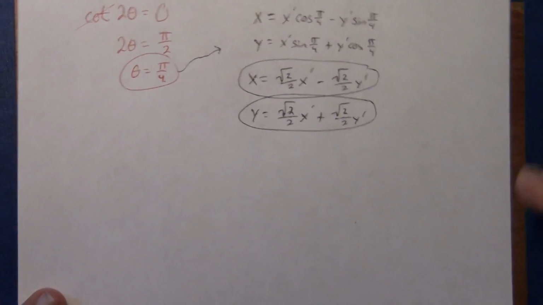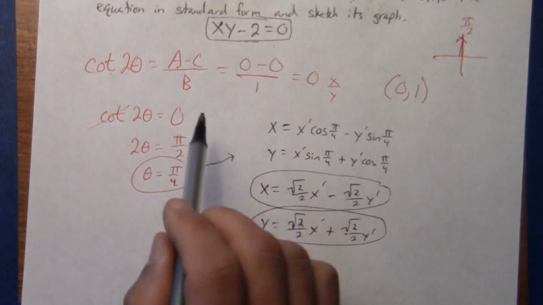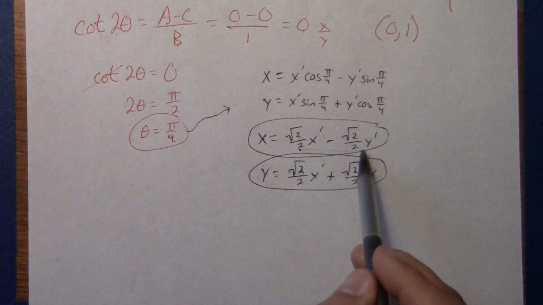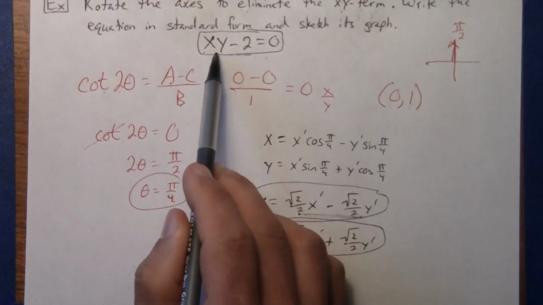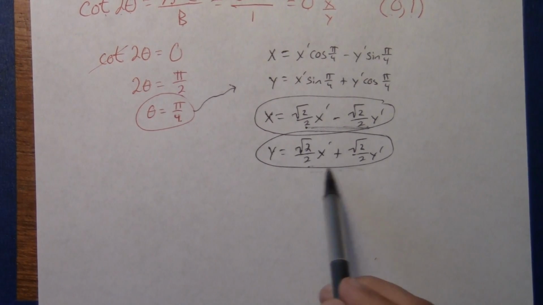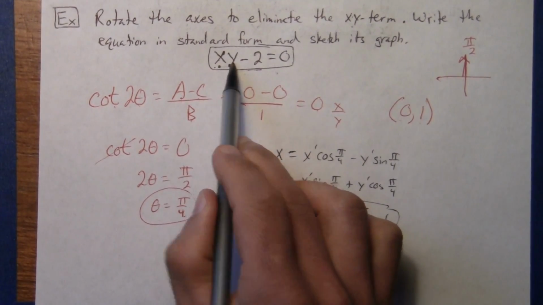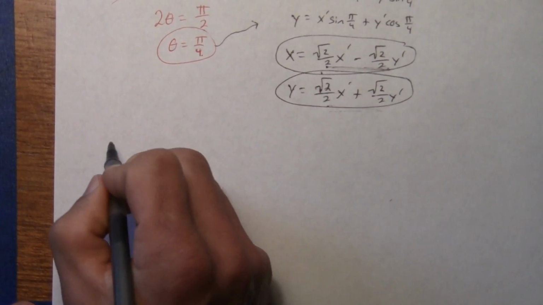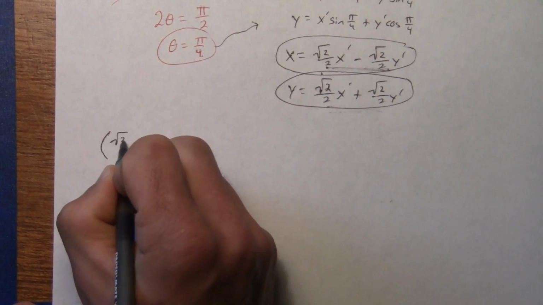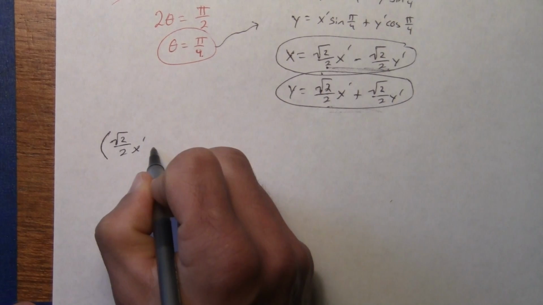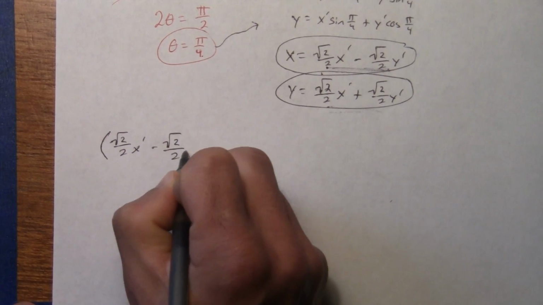All right, the idea now is you go back to the original equation, and wherever you see x, you plug this in instead. Wherever you see a y, you plug that in instead, and then multiply everything together. So instead of saying x times y, I'm going to say it's x, which is really square root of 2 over 2 x prime, minus the square root of 2 over 2 y prime.